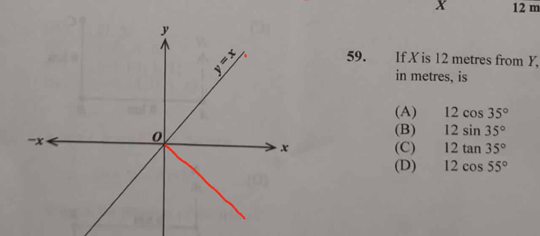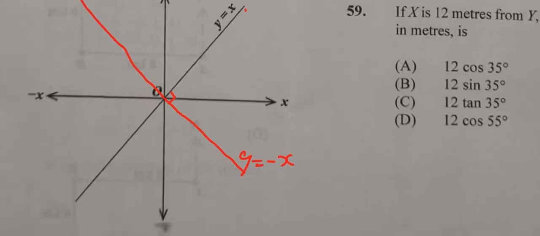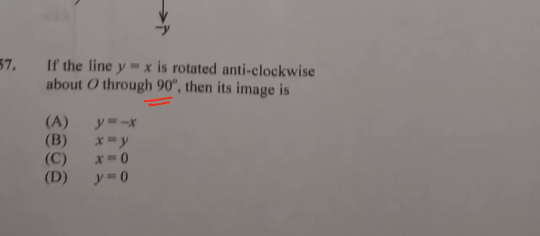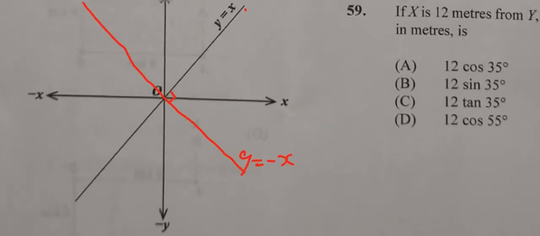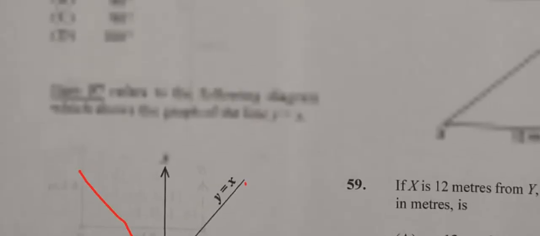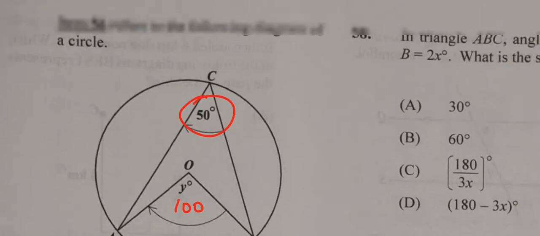That will be 90 degrees. And so this line there would be the line y equals negative x. And so which option is that? That's option A, y equals negative x. So the one that is going this way is y equals x, and the other one is y equals negative x. Let's look at the next question, 58.